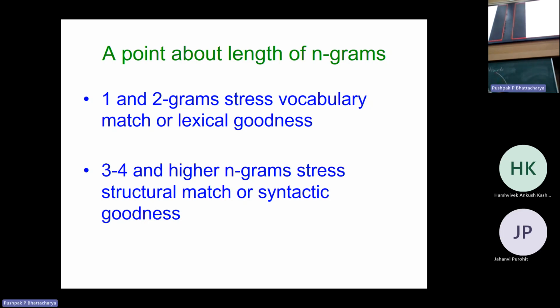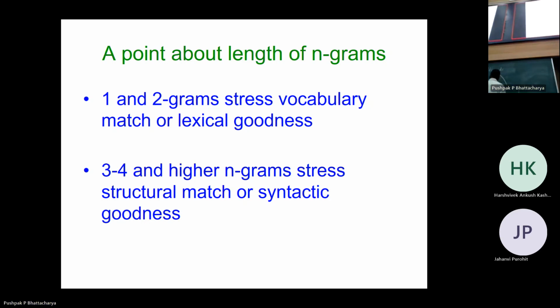Multi-words are of two kinds. Compositional and non-compositional. Compositional: meaning equal to meaning of parts. Combination of meaning of parts. These are called compositional multi-words.